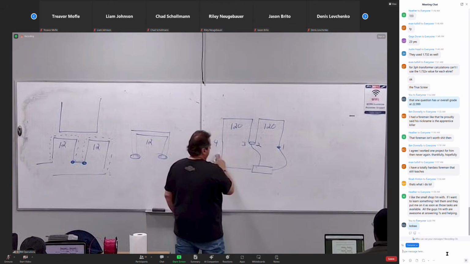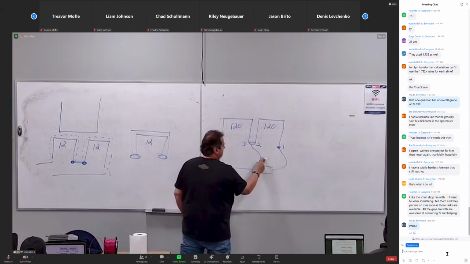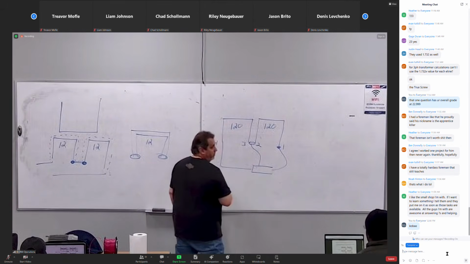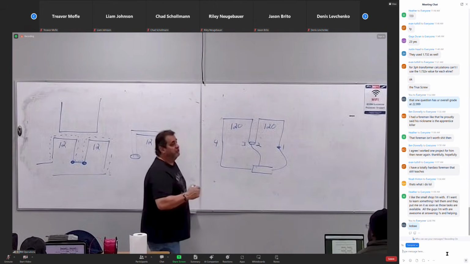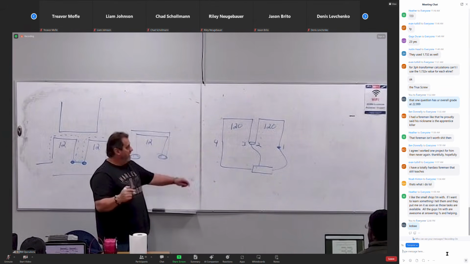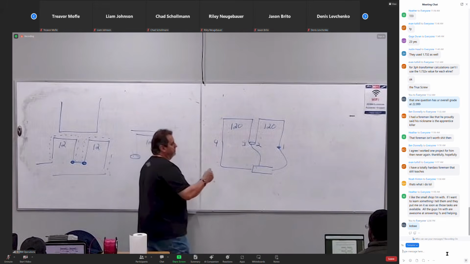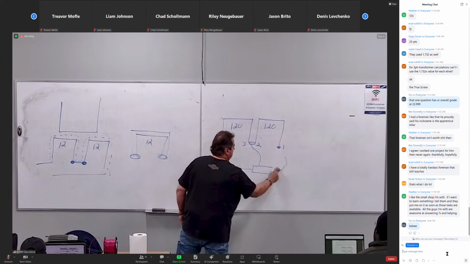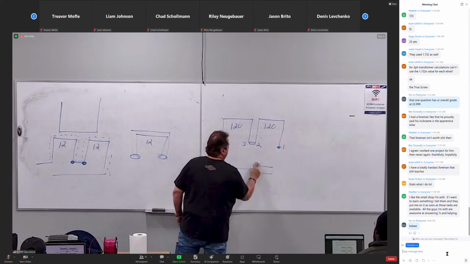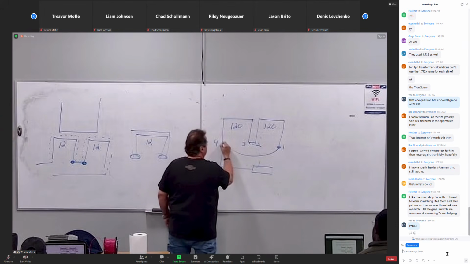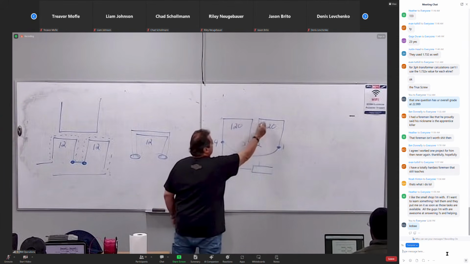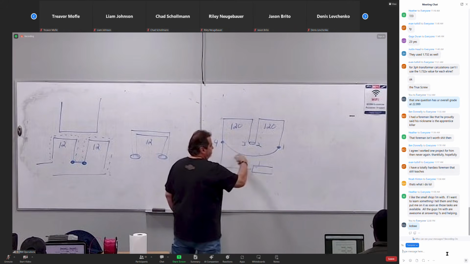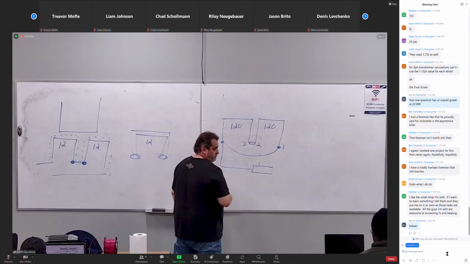From here to here, 120, from here to here, 120, but across the two is 240. So if I needed a load that was a 240, 120 volt connection, I would draw it like that. But what they ended up doing is they went like this, over to here. Once I did this, I bypassed that winding. Now I just shorted it out. Got nothing.